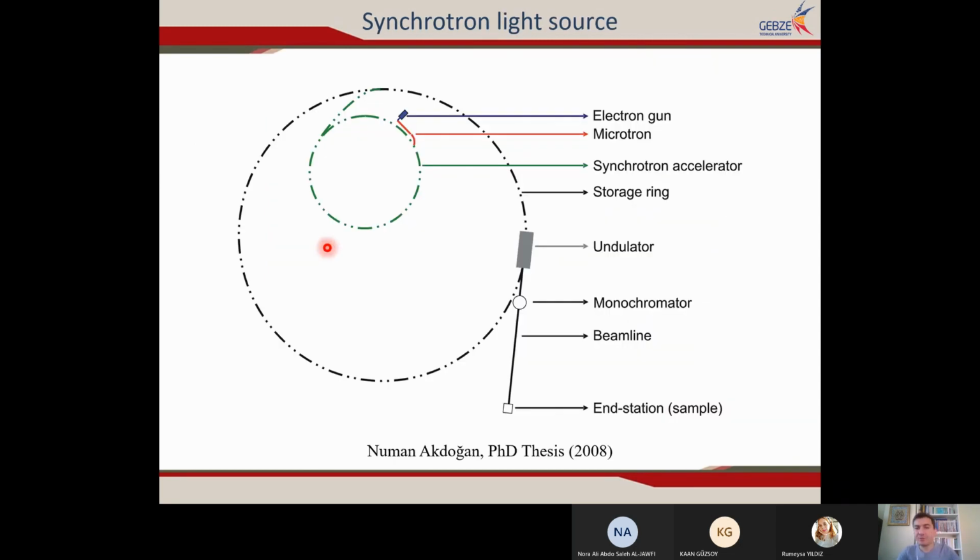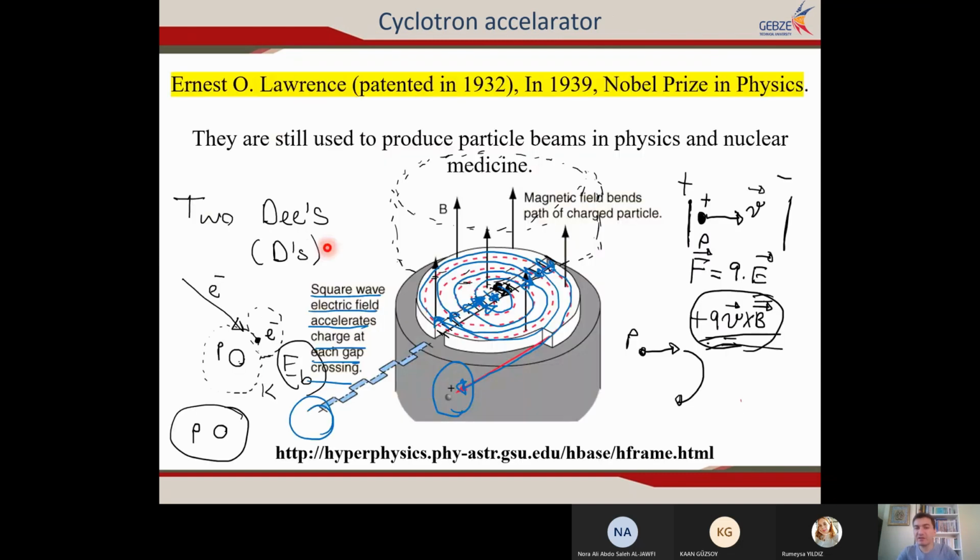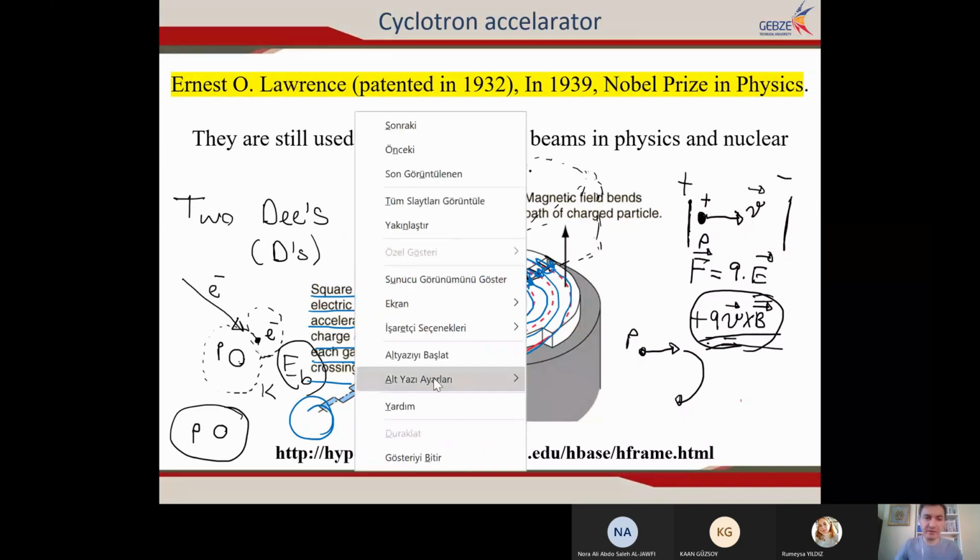Okay, here, how to produce X-rays. We didn't discuss this one. We accelerated protons, but we are talking about X-ray sources. What about X-rays here? Where are the X-rays? What I told you during the first lecture is that an accelerated charged particle emits electromagnetic radiation. Let me clean everything here.